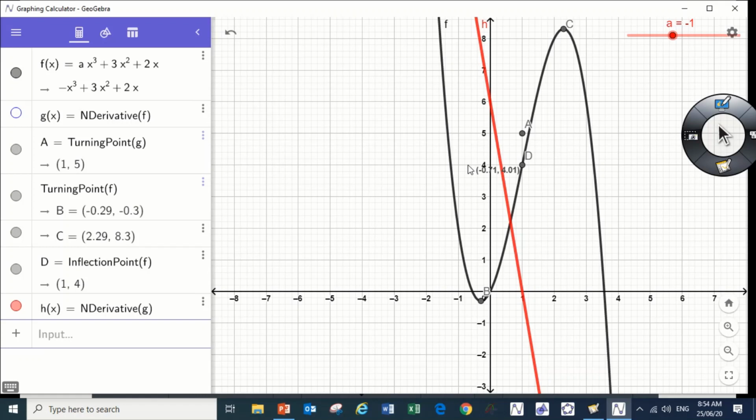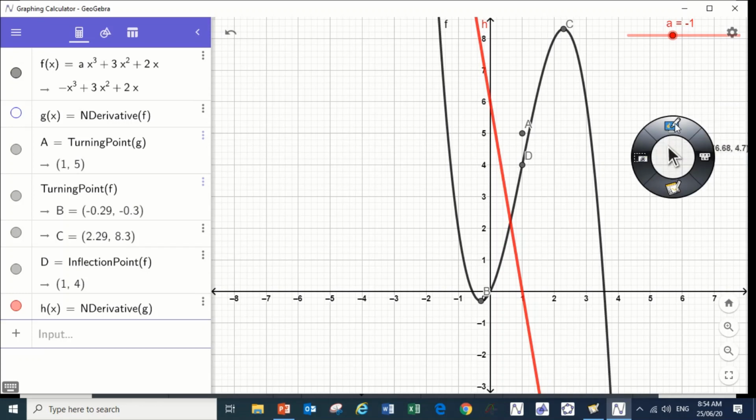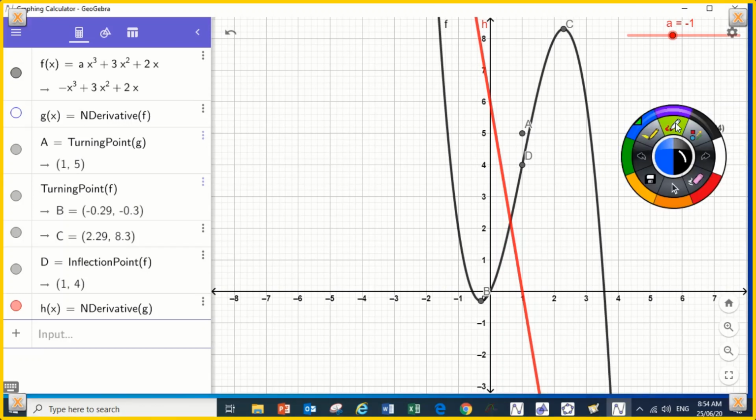They are negative. Now, do you see that our cubic graph is curved down? So when the y values of the second derivative are negative, the cubic graph is concave down. That's why I can write f double prime of x is less than 0.